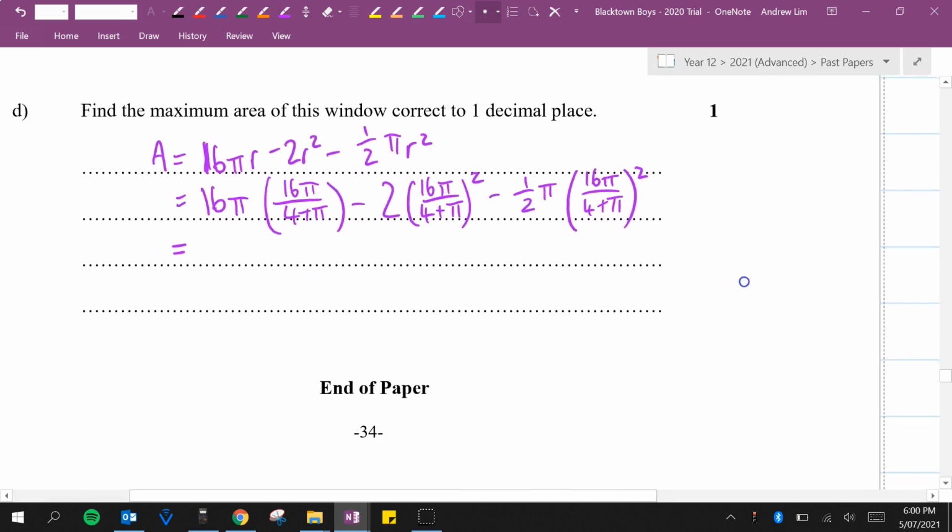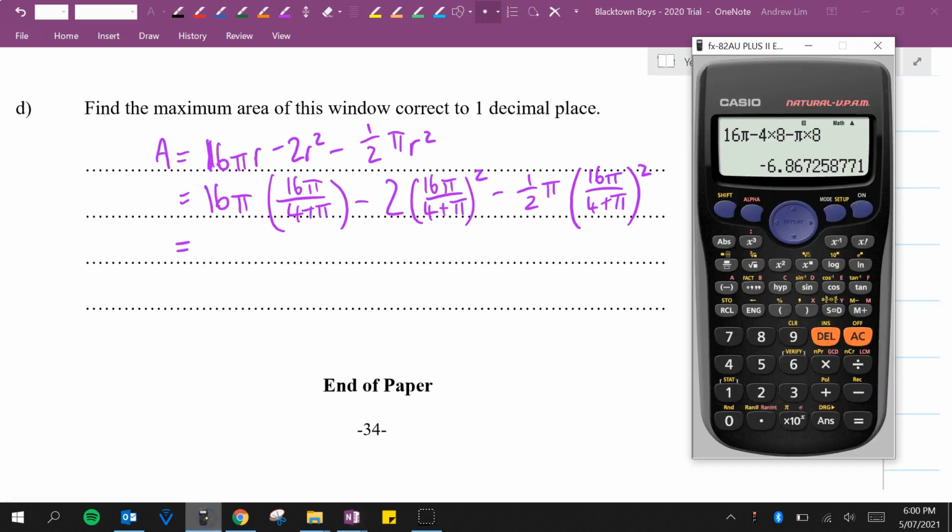So let's put this in our calculator. So 16 pi over 4 plus pi. So we've got 16 pi times answer minus 2 lots of answer squared minus half times pi times answer squared. 176.9.